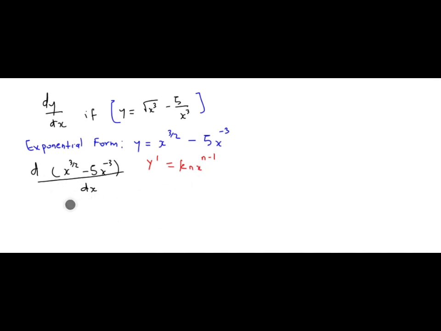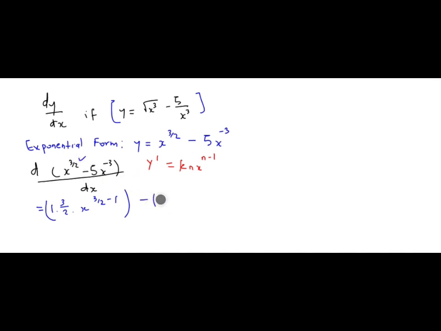So the solution to this is then: k for this particular function is 1, the coefficient is 1, the exponent is a fraction 3 over 2, and the variable is x, and the exponent is still 3 over 2, and according to the formula I'm supposed to subtract 1. Now this term is my first term, and what I do is I subtract the other part.